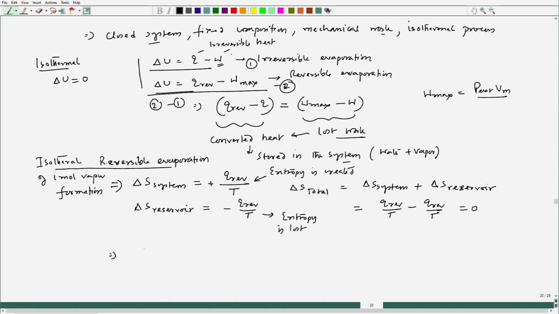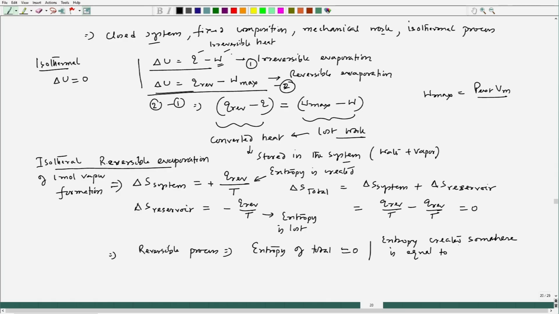So, I can say that for a reversible process, the entropy of the total should be 0, and entropy created somewhere is equal to entropy lost somewhere.